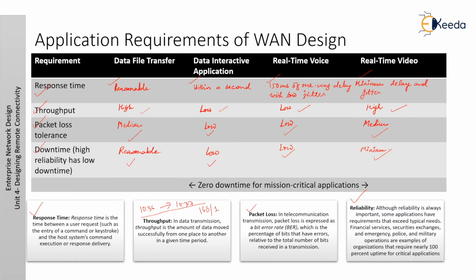These situations imply a requirement for a high level of hardware and topological redundancy. Determining the cost of any downtime is essential for determining the relative importance of the network's reliability. So this is very important.